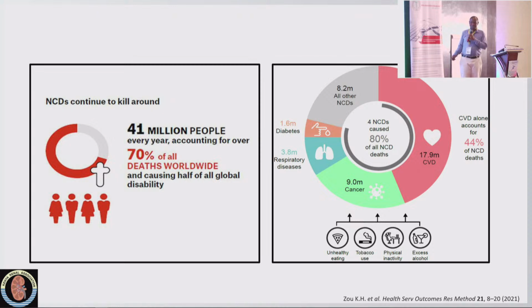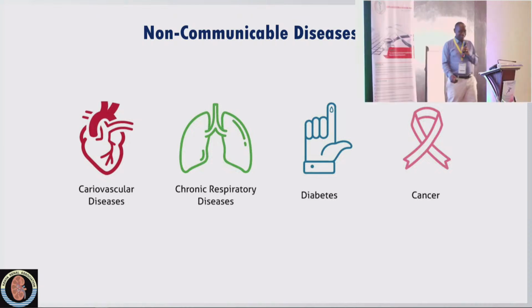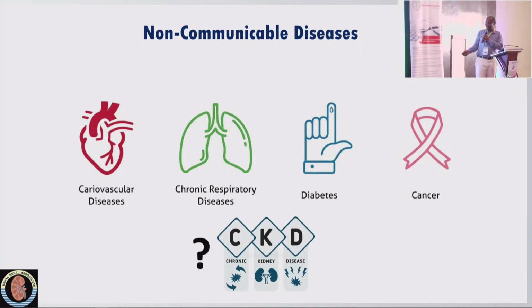So this all looks very glossy, and you can say that non-communicable diseases therefore are cardiovascular diseases, chronic respiratory diseases, diabetes, and cancer. Unfortunately, Martin and Joyce here will be really complaining because they can't see themselves here. So you wonder, where is chronic kidney disease? And I find that it's hidden inside these zones. The biggest cause of death in chronic kidney disease is cardiovascular disease.